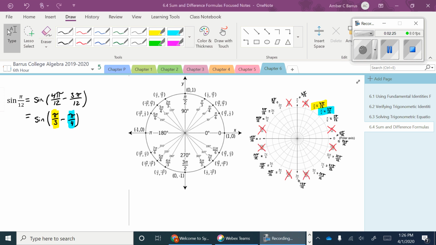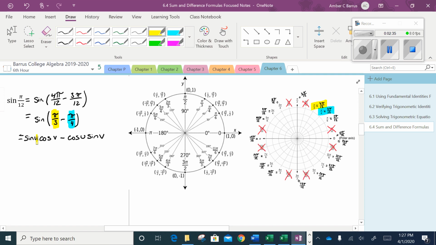Here we can see that we want to use a difference formula for sine, which is the sine of u times the cosine of v minus the cosine of u times the sine of v.